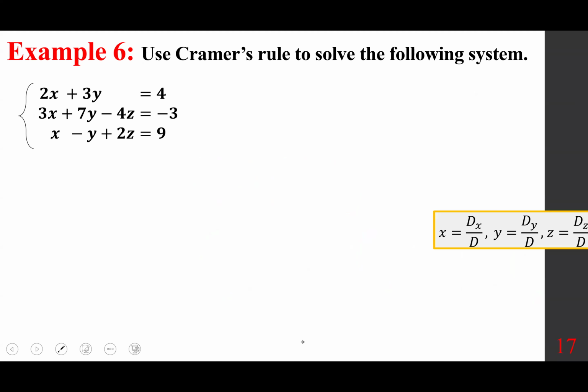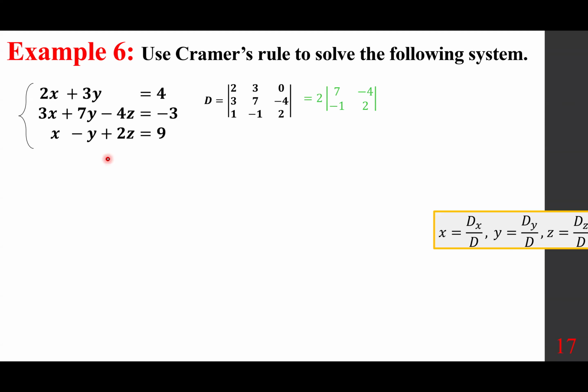Here's an example. We wanted to use the Cramer's rule to solve. First and foremost, we start with the D matrix. And normally you don't have to do this by hand, but just to show you. So 2, 3, 1, 3, 7, negative 1, 0, minus 4, 2. That's the D matrix. We are going to expand it with respect to something.